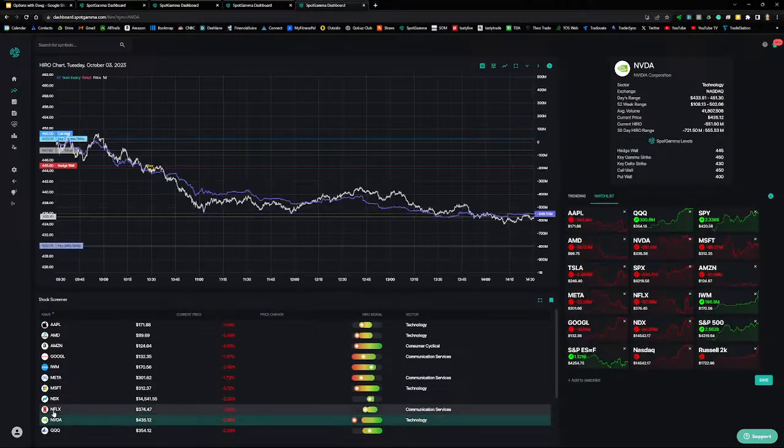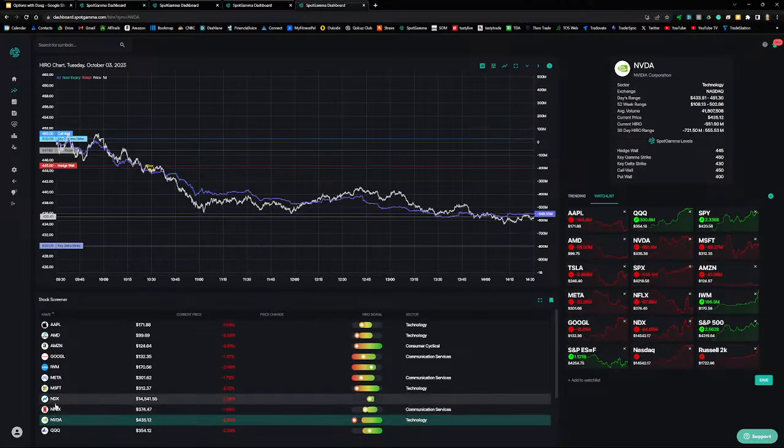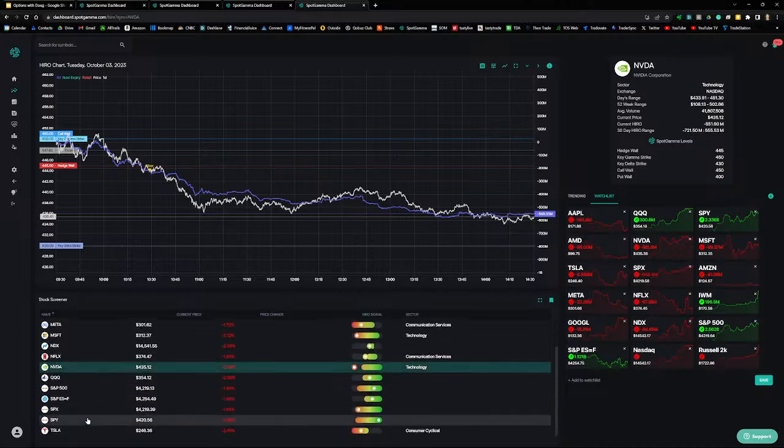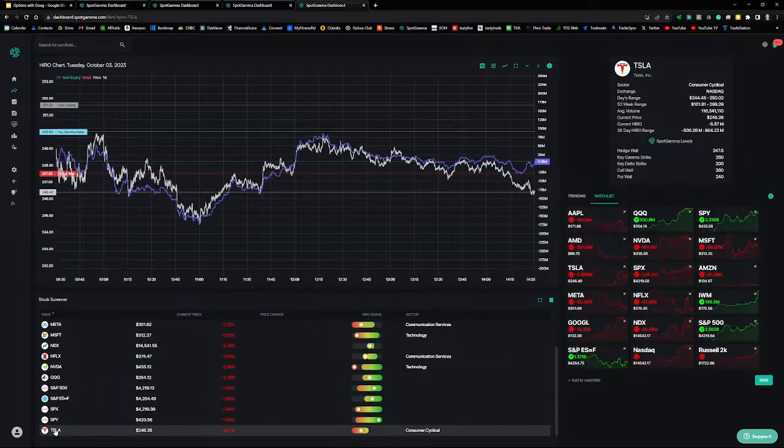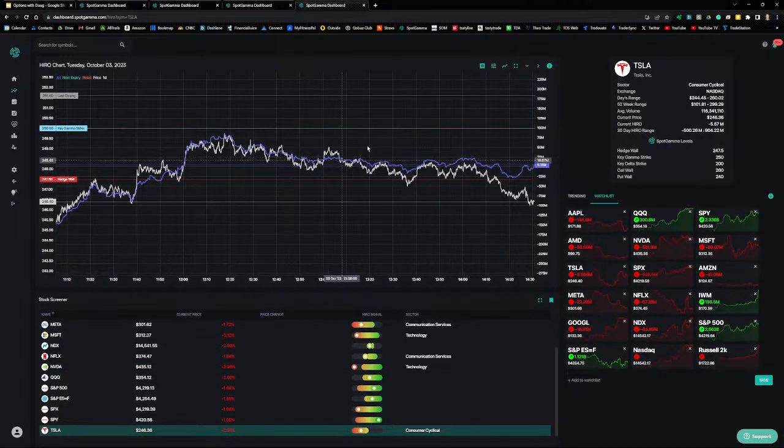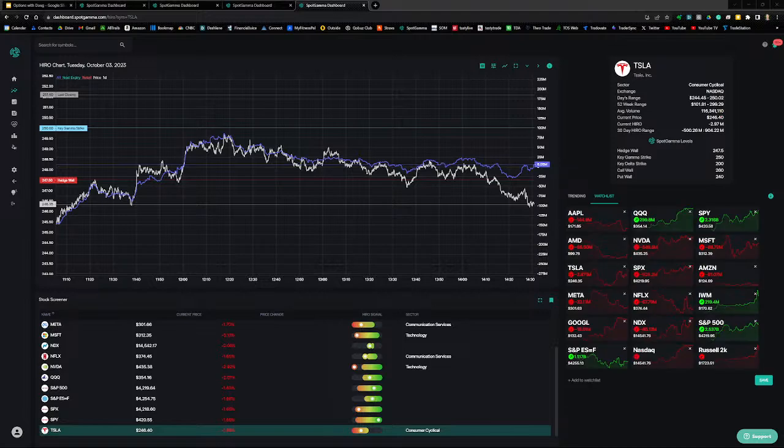Nvidia, looks like options traders have taken their foot off the gas. Finally for Tesla, looks like they may be starting to take positive delta positions. Maybe this is a little bit of a divergence setting up in Tesla.